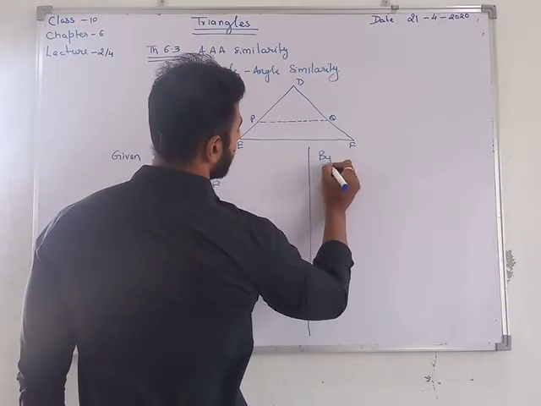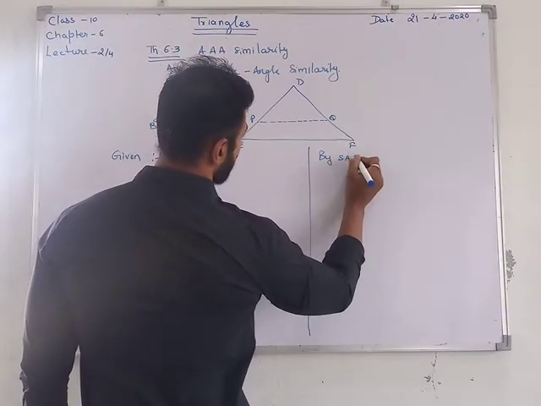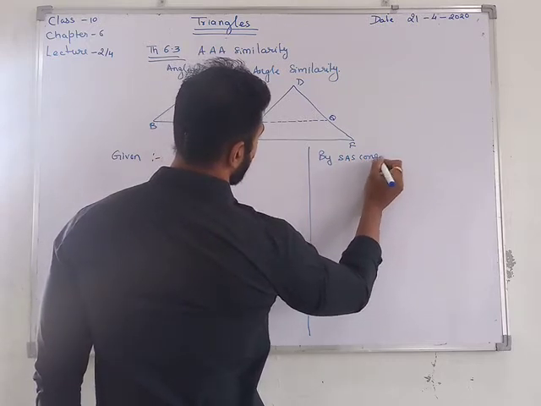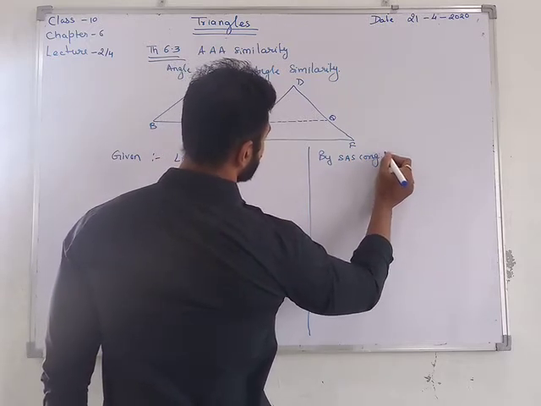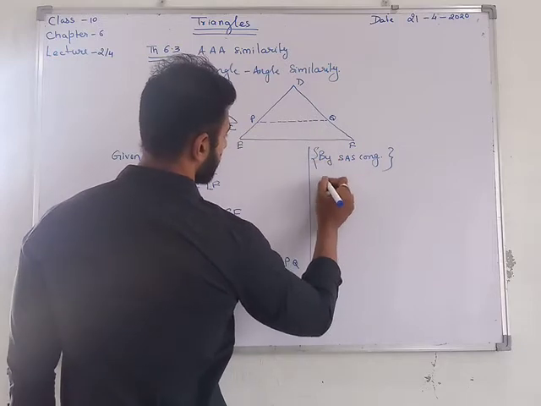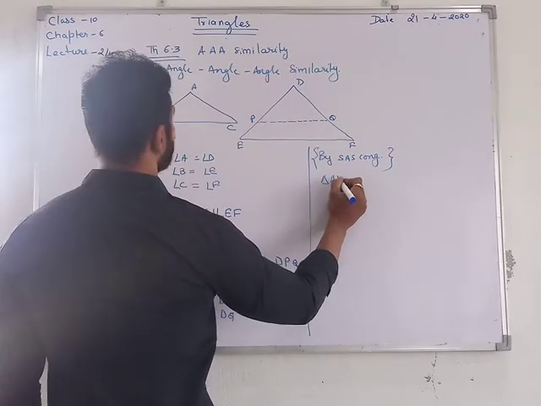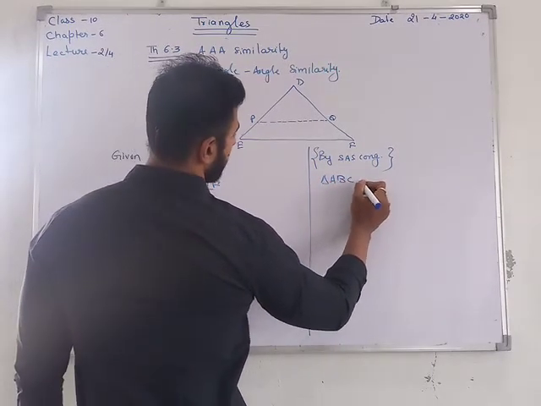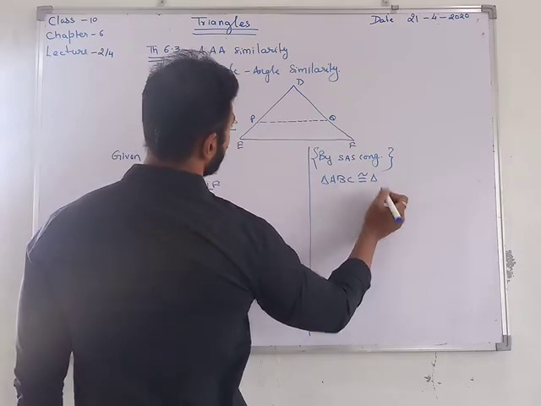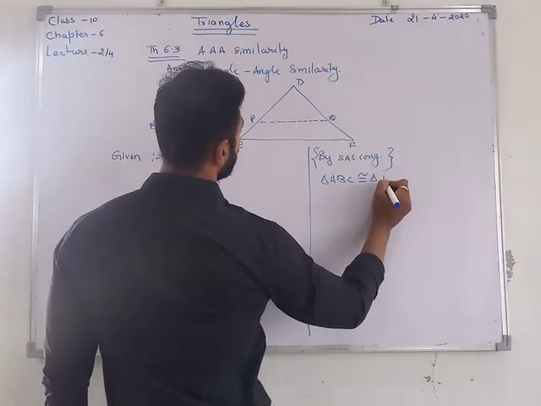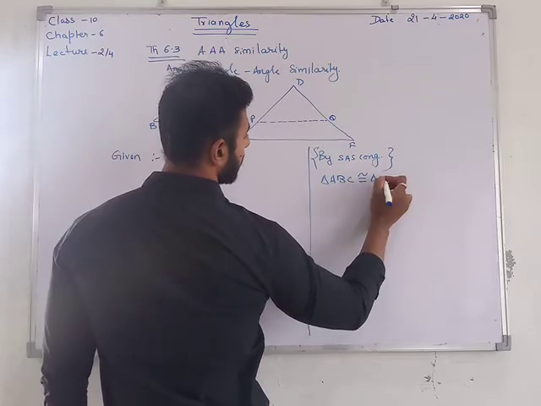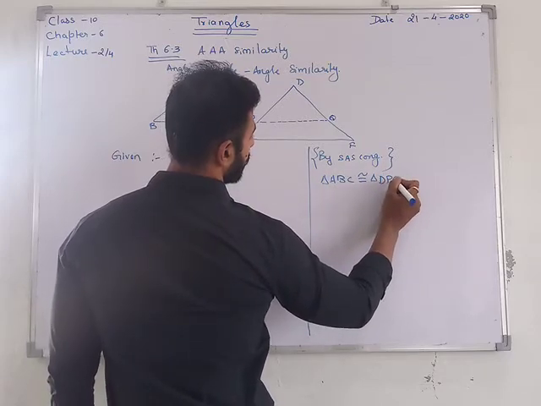By SAS congruency, side angle side congruency, we can write that triangle ABC is congruent to triangle DPQ.